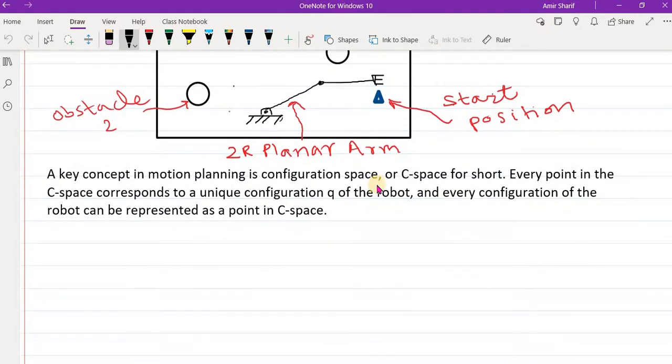A key concept in motion planning is the configuration space, or C space for short. Every point in the C space corresponds to a unique configuration q of the robot, and every configuration of the robot can be represented as a point in C space.